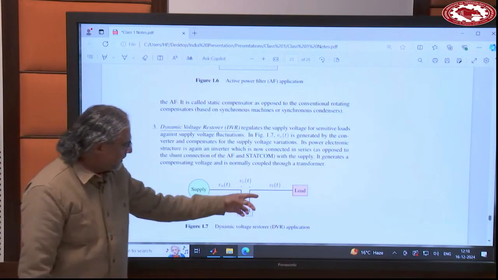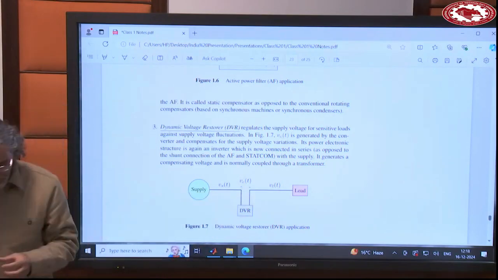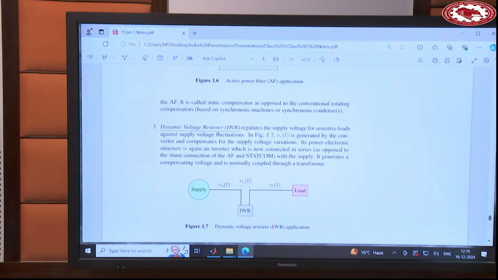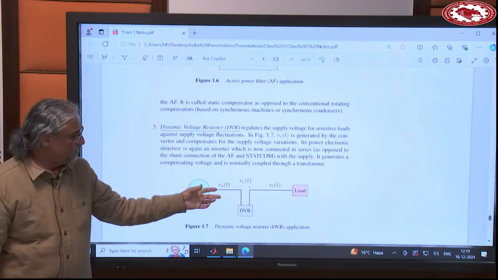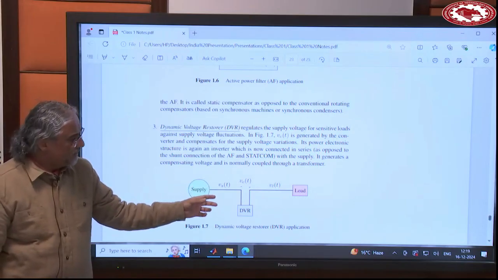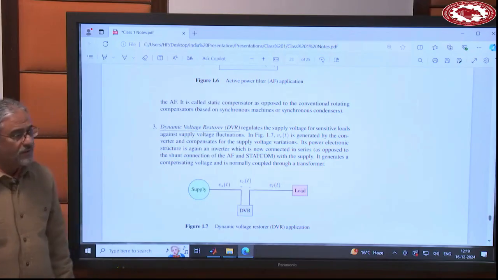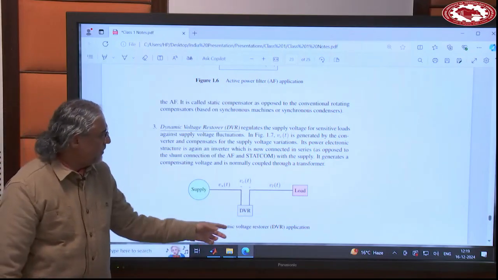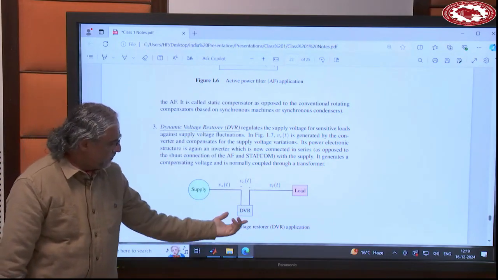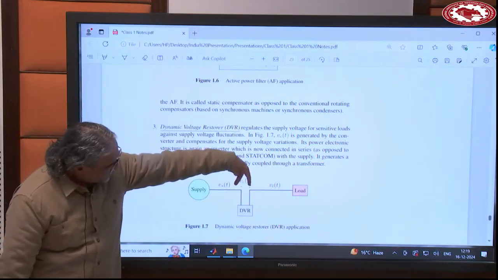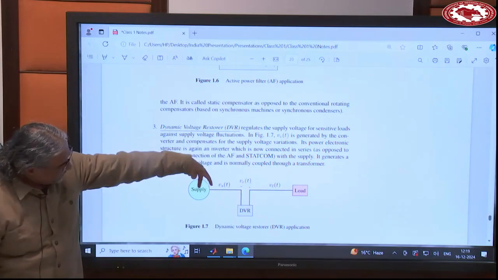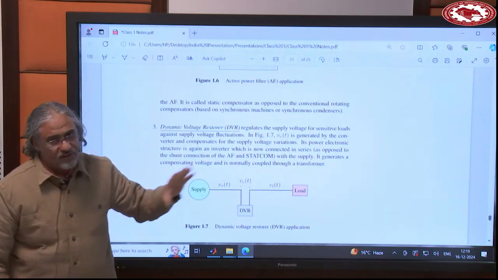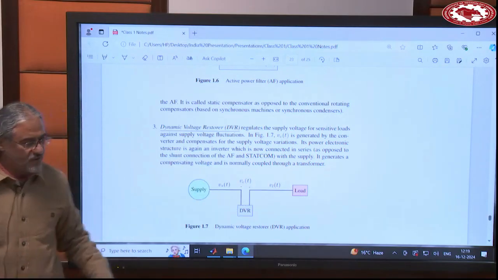So you want to make sure that the voltage this load receives is very reliable and very smooth, and the fluctuations of this voltage, or even short temporary outages, will not go to the load. What this DVR, dynamic voltage restorer, does is make sure there is always a voltage generated at the output here, such that this voltage plus this voltage, which is the voltage across the load, is always reliable and secure.